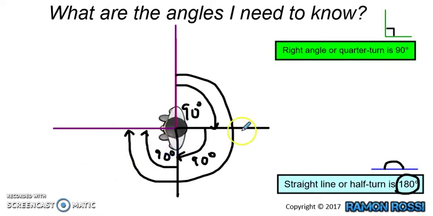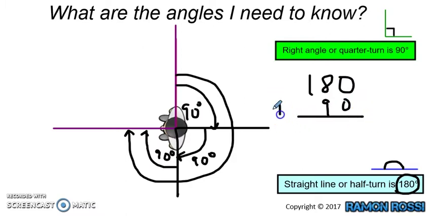So really, it's 90 plus 90, 180, plus another 90. What is 180 plus another 90? Well, that makes 0. That makes, what is that, 7? So now we've got 1 plus 1 is 2. So we've got 270 degrees now.